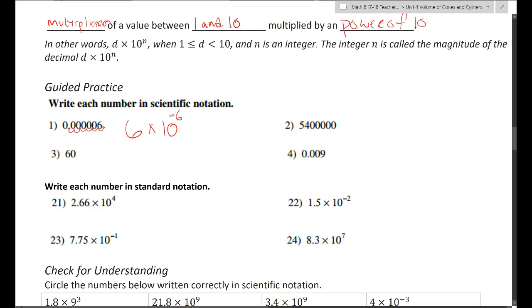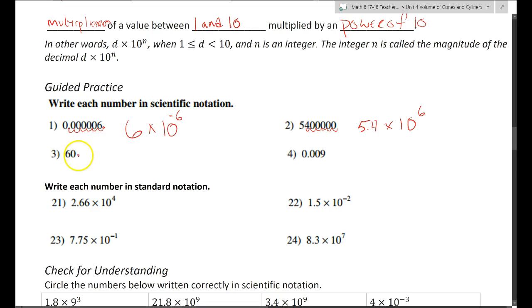Okay, I come over to number 2 and I say, okay, I need to get this between 1 and 10. So I go 1, 2, 3, 4, 5, 6. And I get 5.4. Is that between 1 and 10? Yes. Times 10 to the 6th power, because it moved 6 times. So there we go.